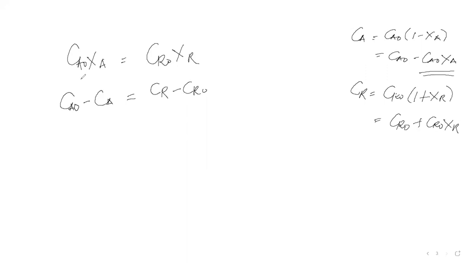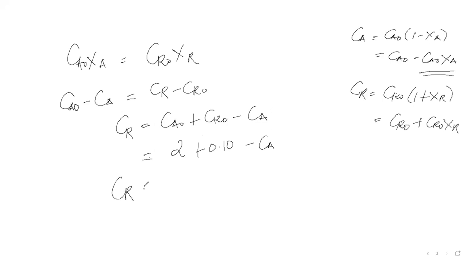And remember, we want an expression for C sub R. So C sub R then must be equal to CAO plus CRO minus CA. The problem gives us that we're starting with 2 moles of A and CRO is 0.10 minus CA. So C sub R then must be 2.10 minus C sub A.